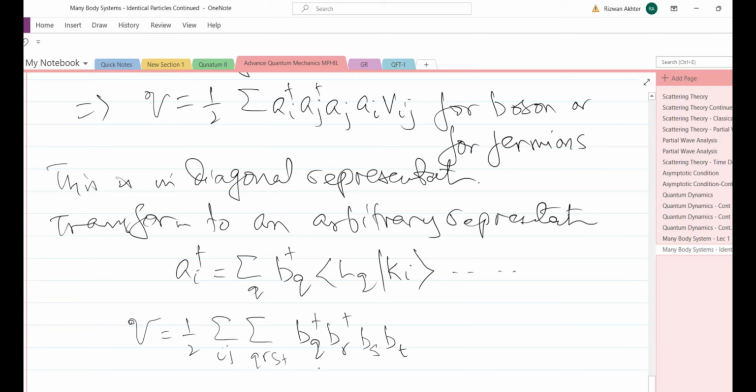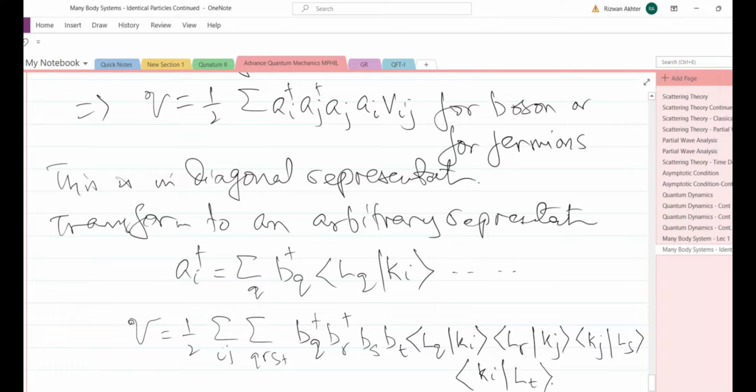And correspondingly, those overlaps, or the inner products: the inner product of Lq with Ki, the inner product of Lr with Kj, the inner product of Kj with Ls, which is for the annihilation operator, and the inner product of Ki with Lt, and then the interaction potential Vij.